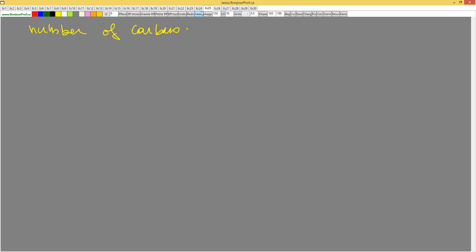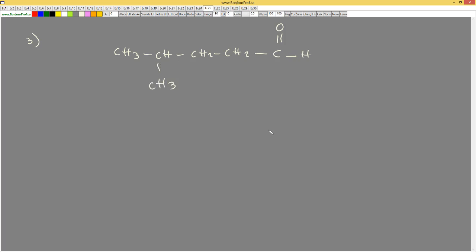Example 3. Say we want to name this one: CH3, CH2, carbonyl, and H here, and we have CH3 here. So how are we going to name it?